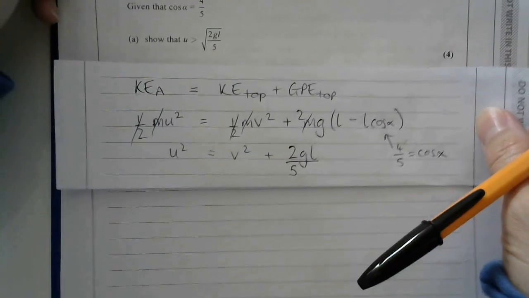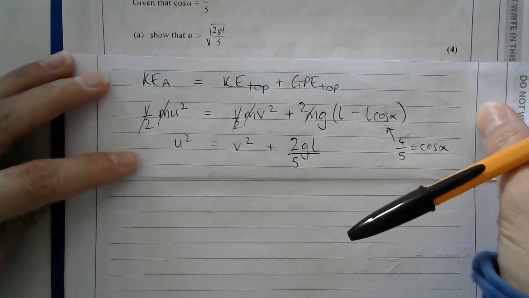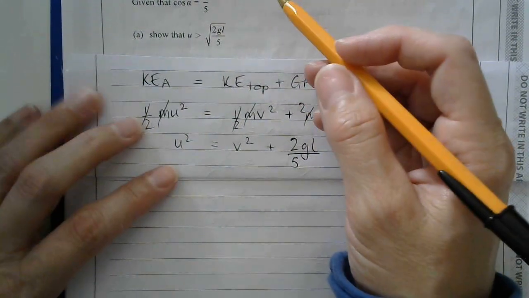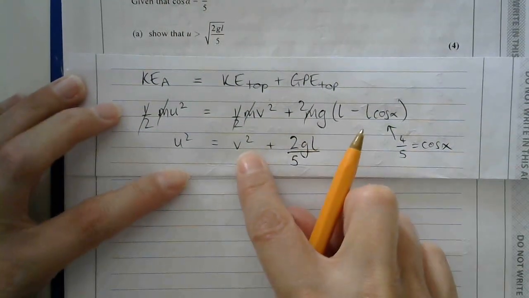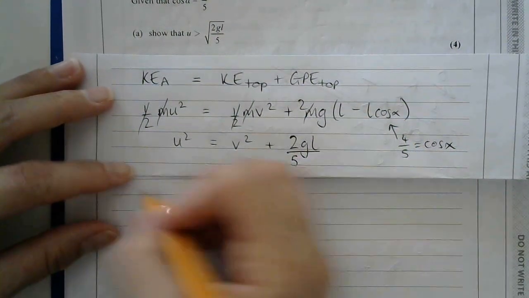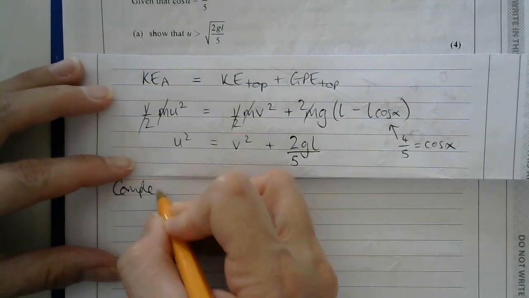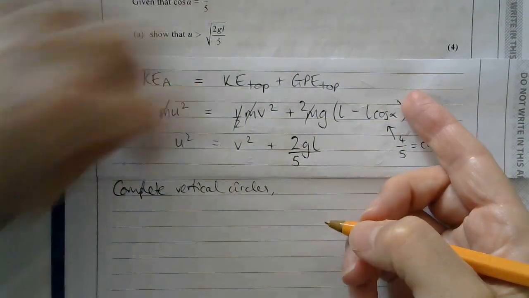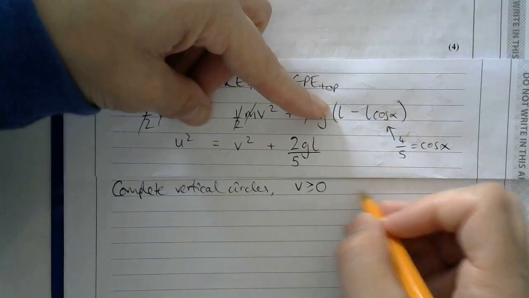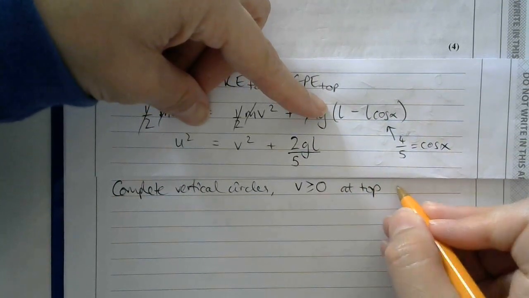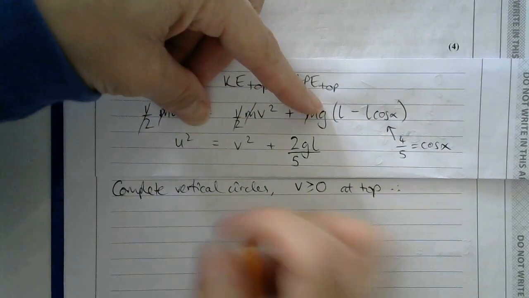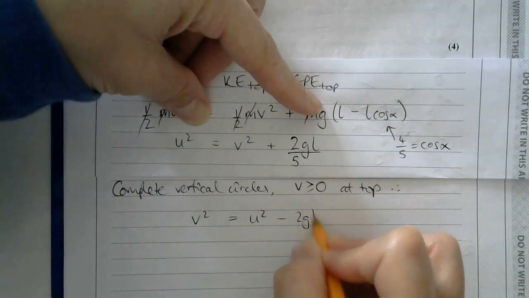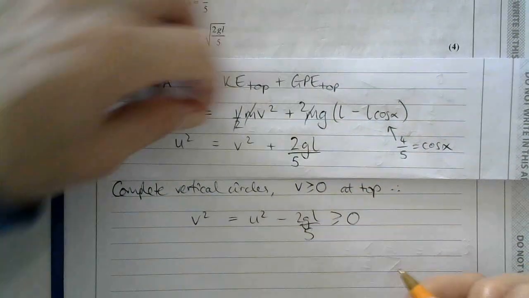Now I know that the particle follows complete vertical circles, and therefore I know that v will be greater than or equal to 0 at the top. So v squared, which is u squared minus 2gL over 5, will be bigger than or equal to 0.